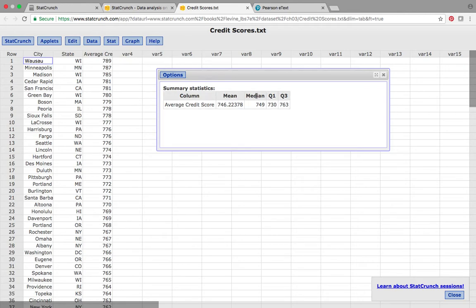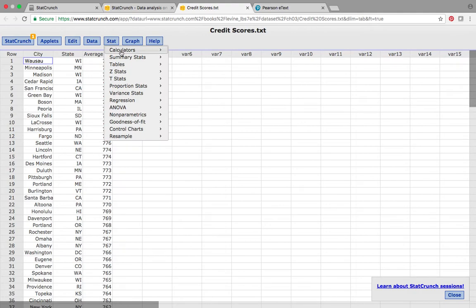So half of the credit scores are above 749, half are below 749. Q1 is 730. 25% of the credit scores are at 730 or below. Q3 is 763. We can say that 75% of the credit scores are at 763 or below. Now that you're an expert on credit scores.